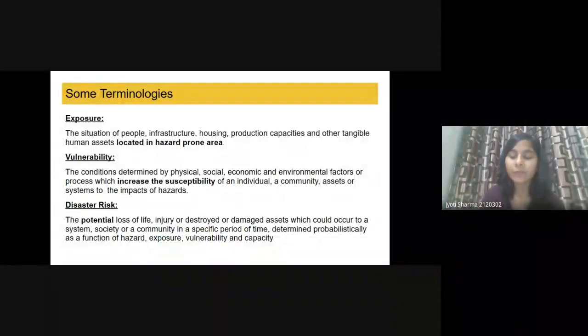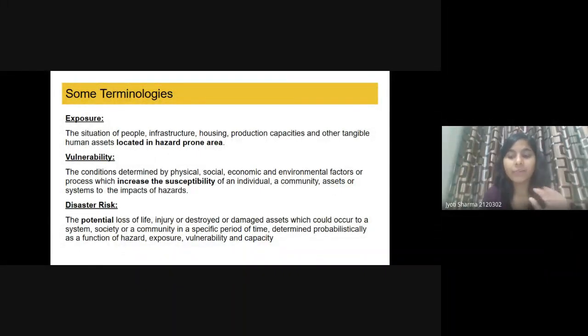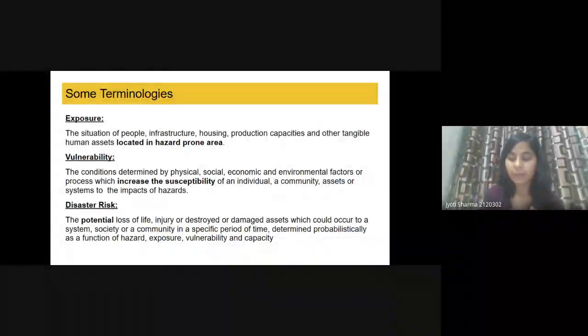Okay, but if you have a very good financial condition, a very good house, other facilities, then if a hazardous event happens, you will not be that much affected. So you are less vulnerable to that. For example, global warming is happening, and if one house has an AC and one house does not, if a heat wave comes in the summertime, the one that has the AC will cope with the heat wave, but the person that does not have the AC may die because of that heat wave.